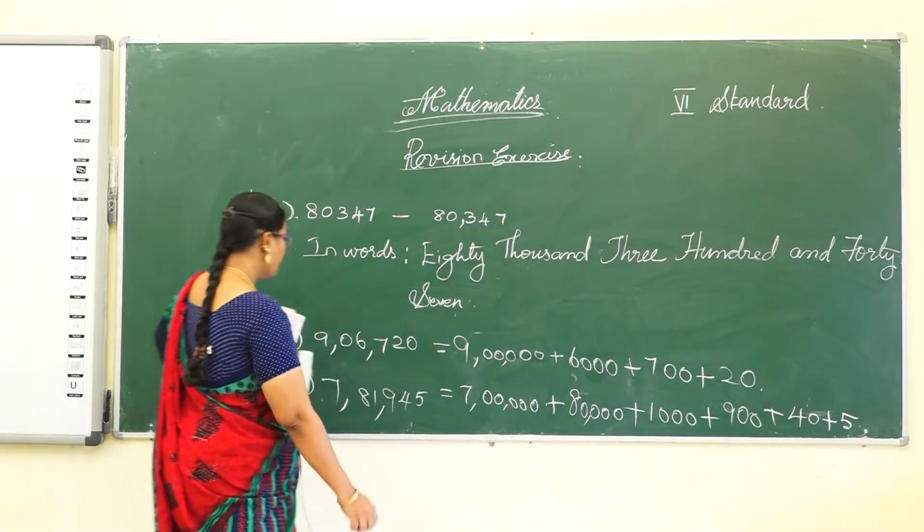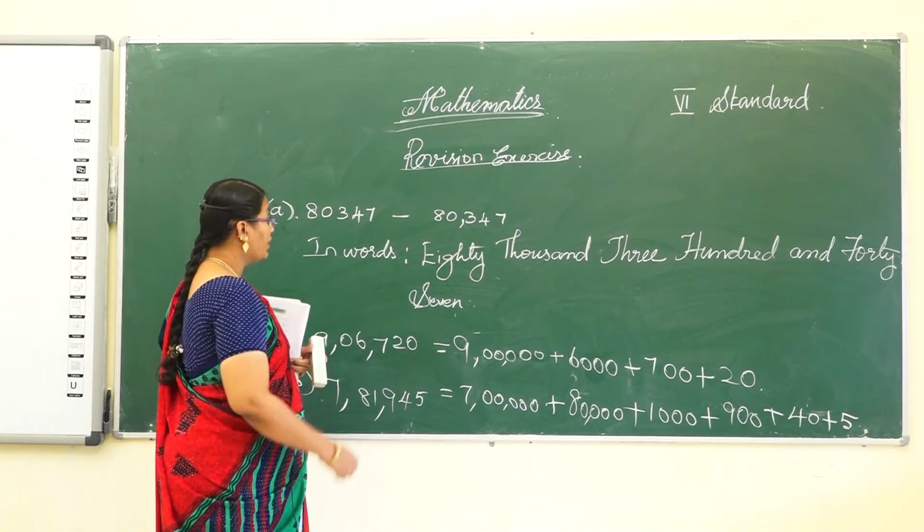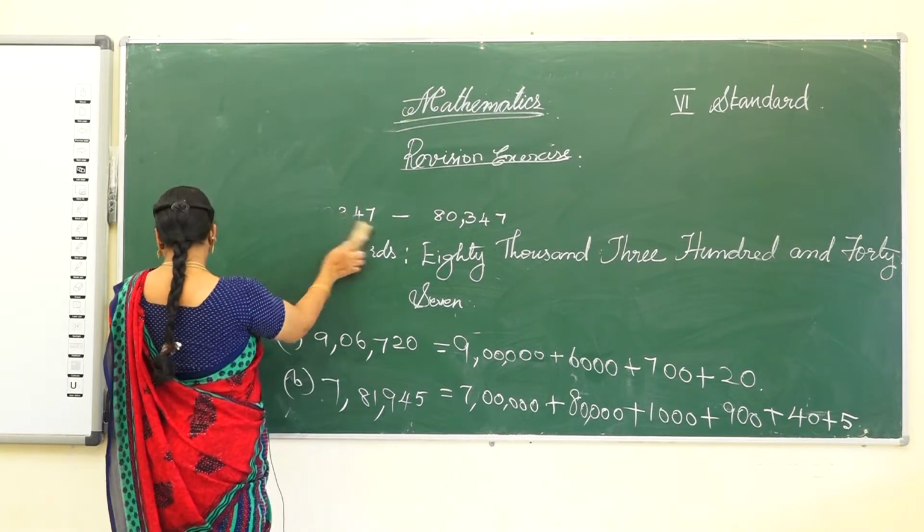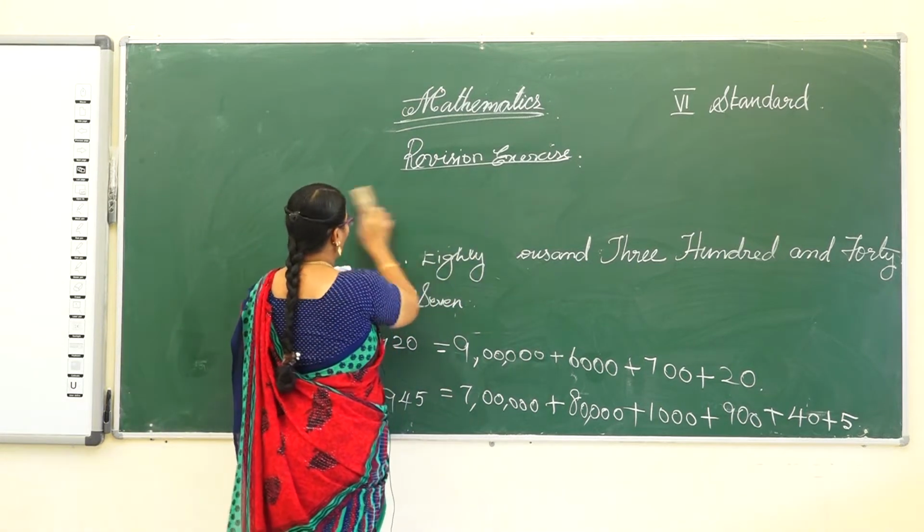This is the expanded form of 7,81,945. And third one: rewrite the following numbers in ascending order.